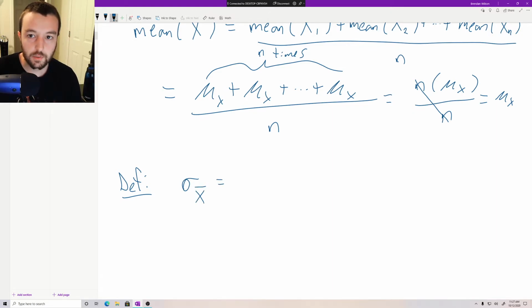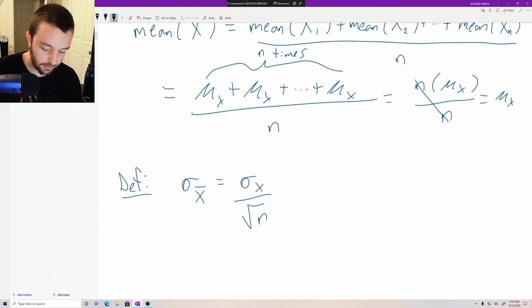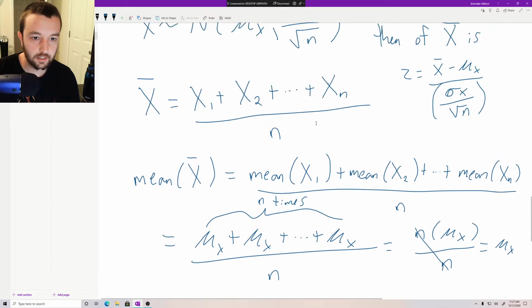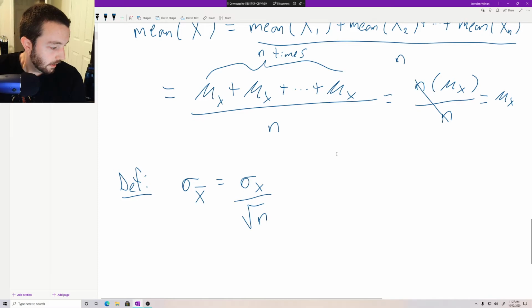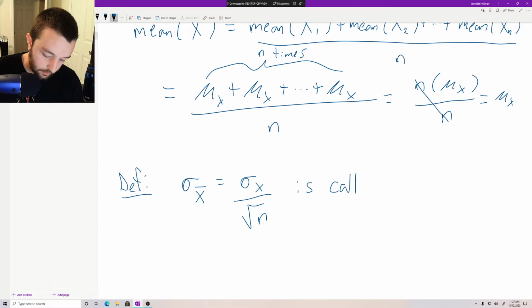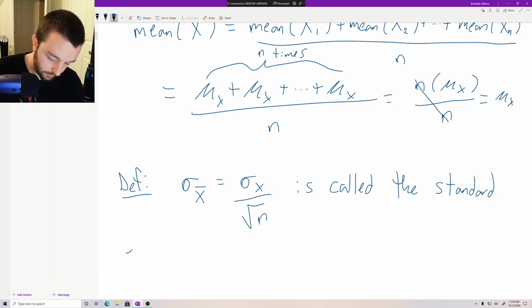With our notation, this would mean the standard deviation of x bar, which is sigma x over root n, right? Because we said the standard deviation of it is this. This is called the standard error of the mean. Okay.